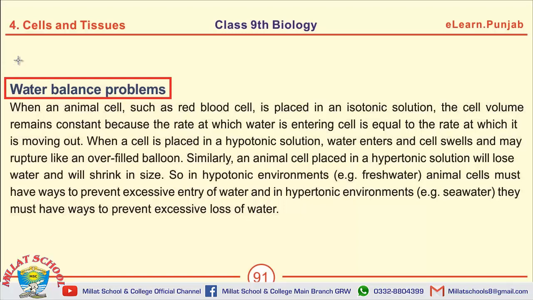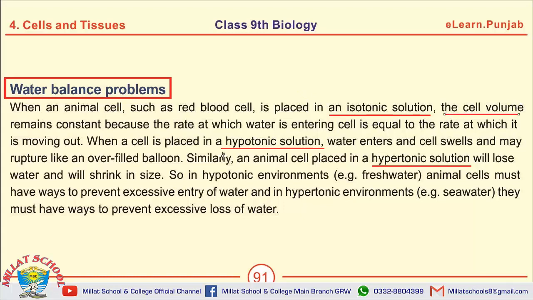The question may be asked, what is the effect on an animal cell when it is placed in an isotonic solution, a hypotonic solution, or a hypertonic solution? The three effects can be asked as three short questions. The first effect of isotonic solution is here.